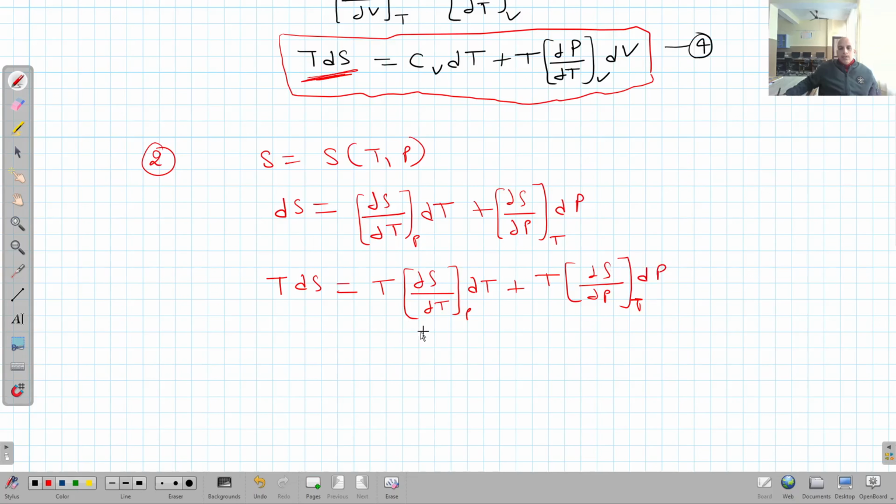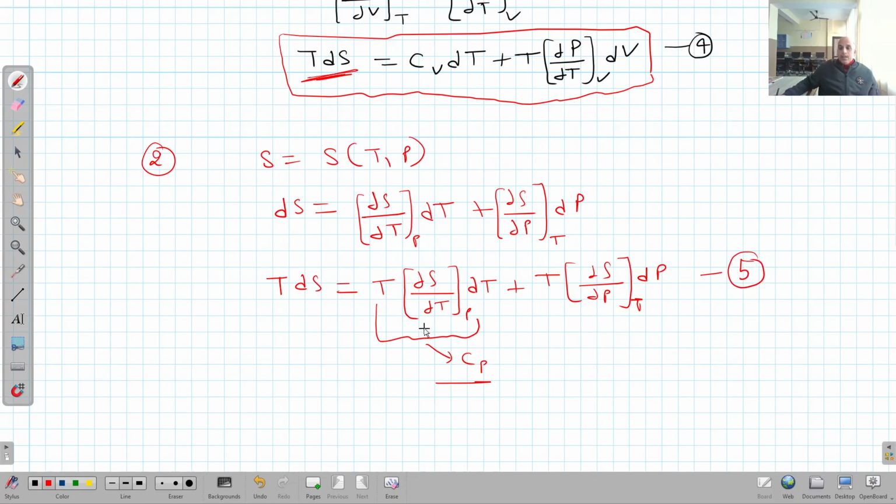Clear? Now T multiplied by (∂S/∂T) at constant P, this is what? This is Cp, specific heat at a constant pressure. Clear? So I am going to put Cp in place of this term in this equation. This is equation number 5.